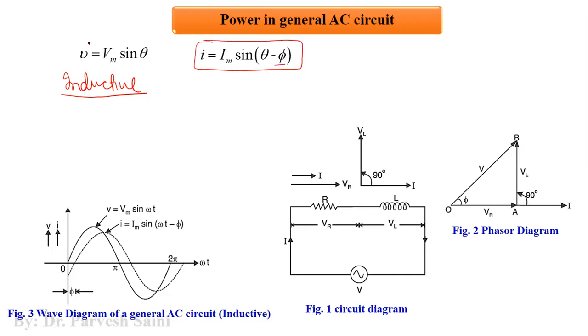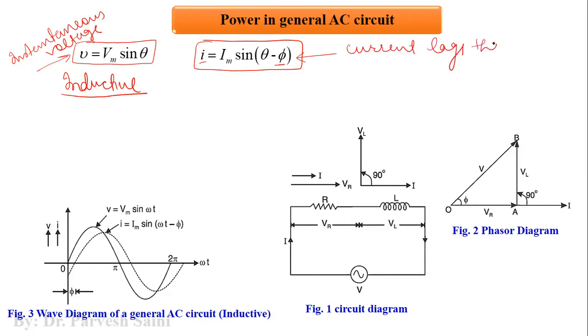If we consider the instantaneous value of the applied voltage, the current would lag the voltage by angle phi degrees, or you can say phi radians.